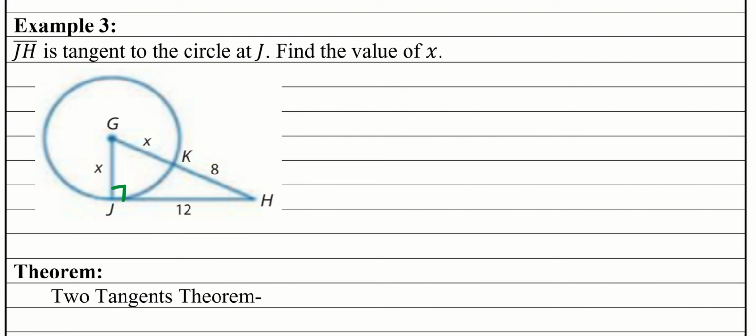So we do a squared plus b squared equals c squared. I would say x squared plus 12 squared equals, and to represent the hypotenuse here, I don't want just x or just 8, but those added together. So I'm going to say x plus 8 all together in parentheses and then squared. Okay, so x squared plus 12 squared equals (x plus 8) squared.